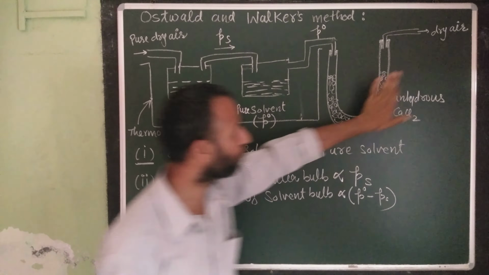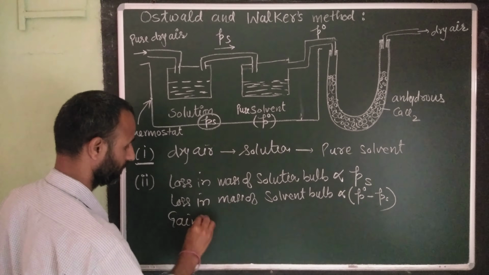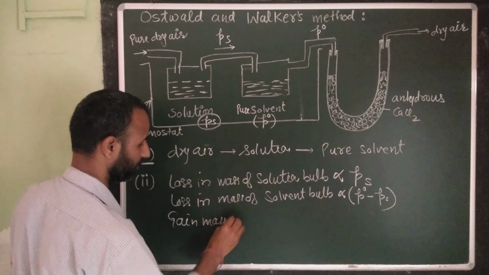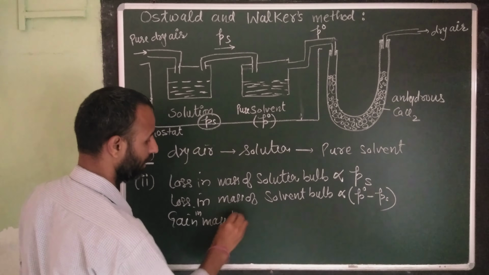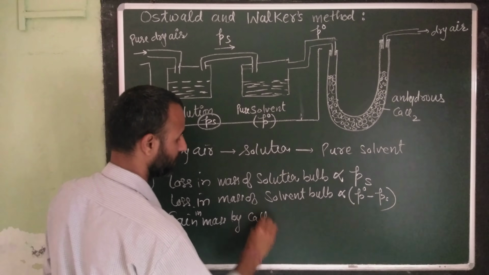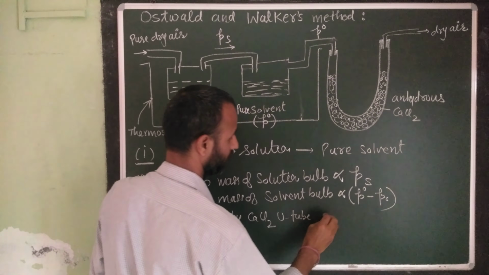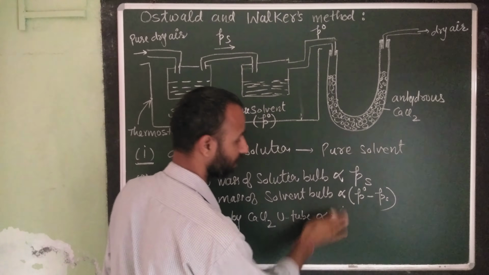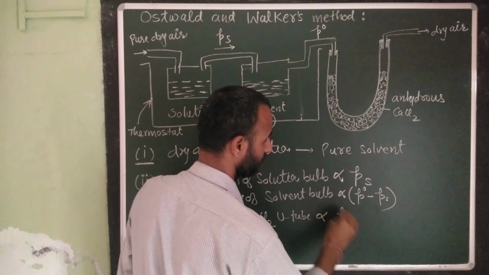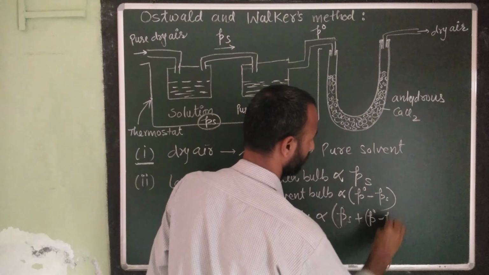So here gain in mass by CaCl2 U tube is proportional to total pressure, that is PS plus P naught minus PS.